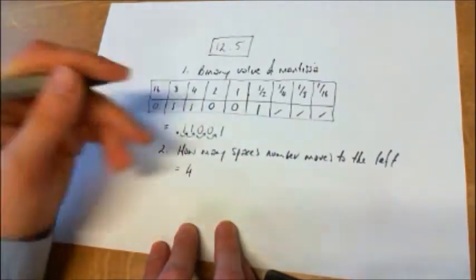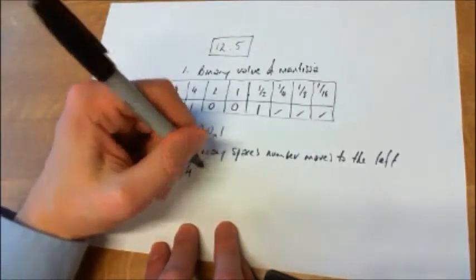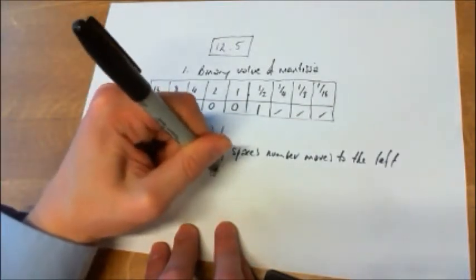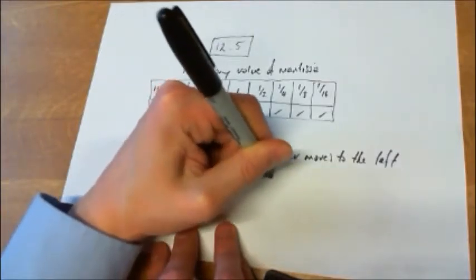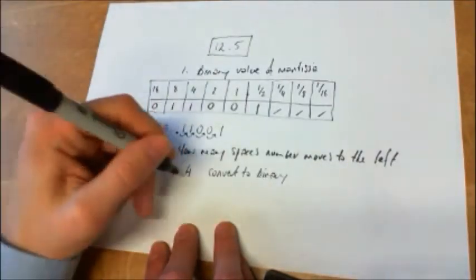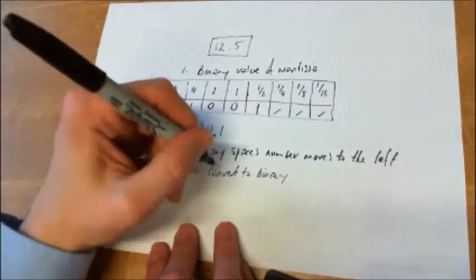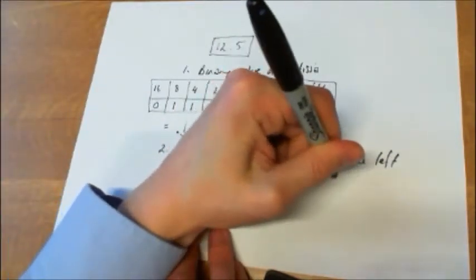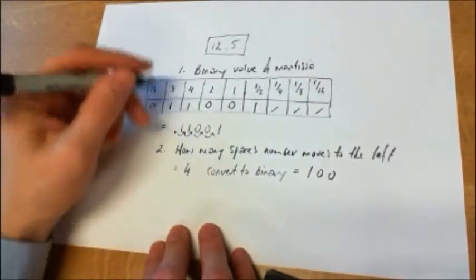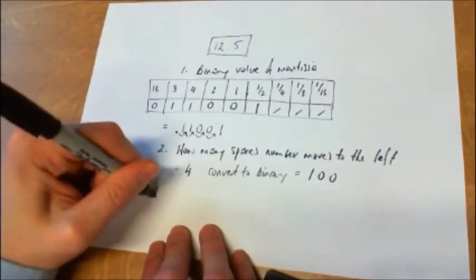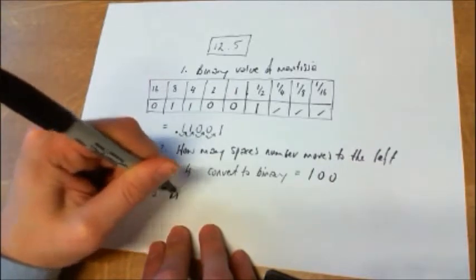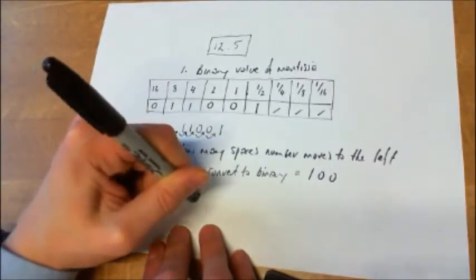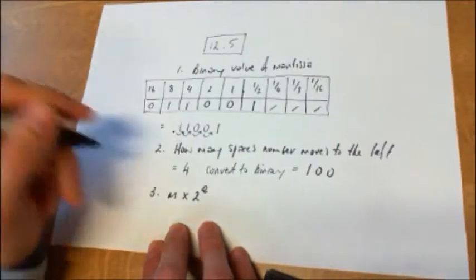So it's 4, but 4 is not a binary number, so you convert it to binary. And 4 in binary is 1, 0, 0. So we would write out this last step like this: the mantissa times 2 to the power of the exponent.